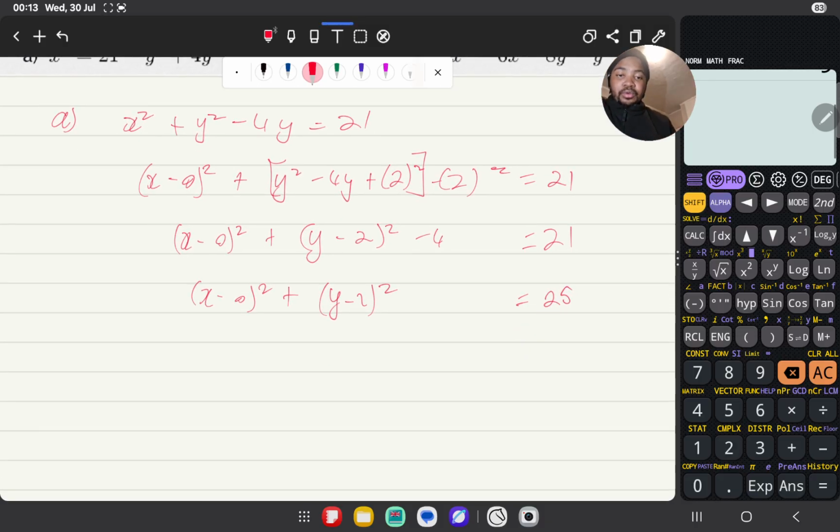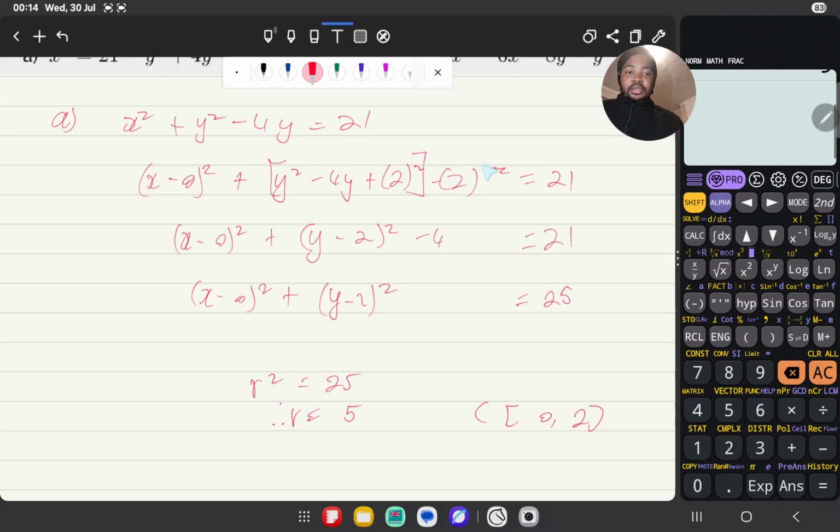Right, so that would mean, of course, here r squared equals 25, therefore r equals 5, and then the center is going to be (0, 2). Right, and then everything makes sense.